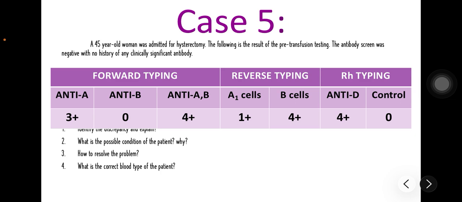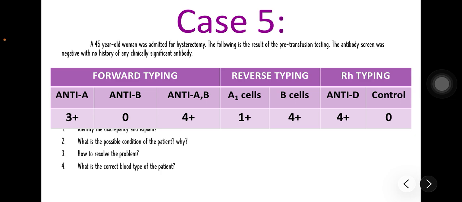So what's the cause? This pattern strongly suggests anti-A1 antibody in a subgroup of A, most commonly A2. Some individuals are not A1 but A2 in their subgroups. A1 and A2 are subgroups of group A. A2 individuals lack some A1 antigens, so as from our previous discussion, about 1 to 8% of A2 individuals produce anti-A1.